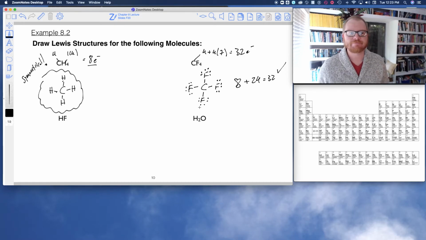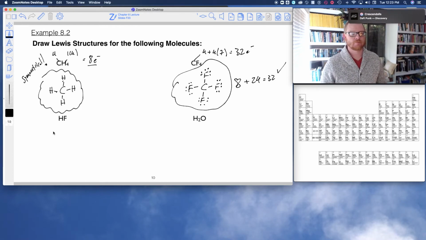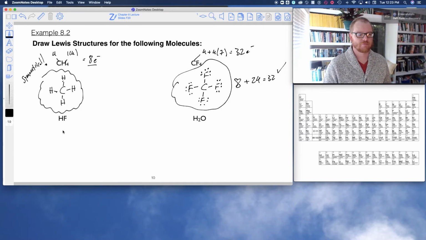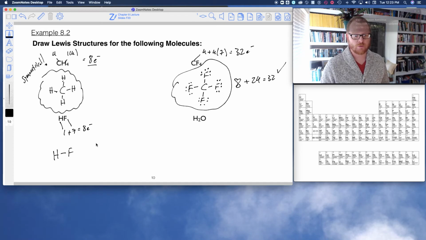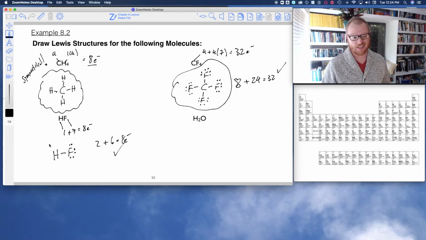Carbon is 2, 4, 6, 8. Octet rule. Okay. 2, 4, 6. Great. That's it.